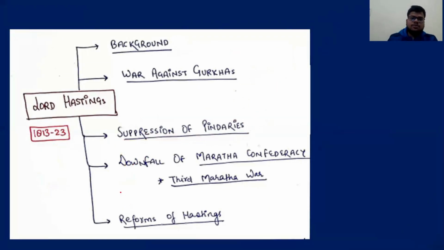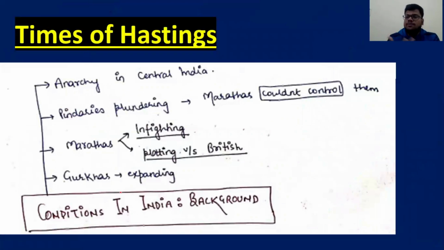We will see what the conditions in India were at the time he came. As I have told you, before him the Governors General had been passive. For example, before him the active Governor General was Lord Wellesley, then George Barlow, and then Lord Minto, not very aggressive.